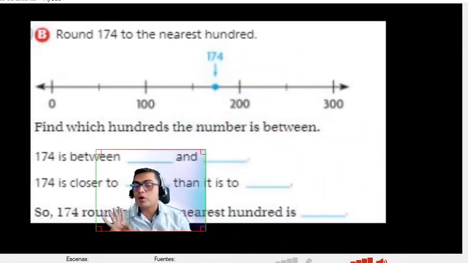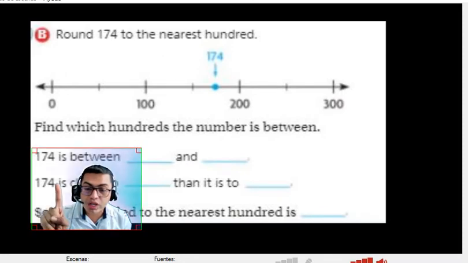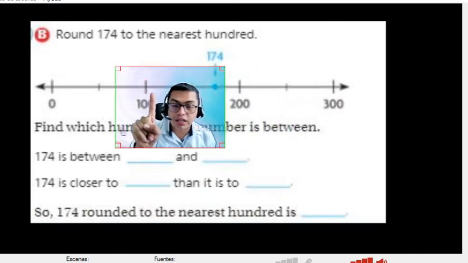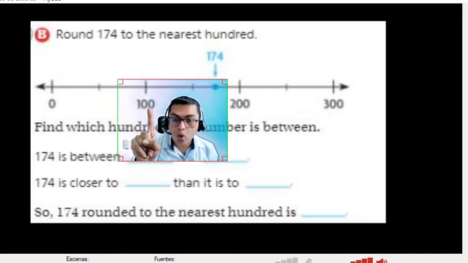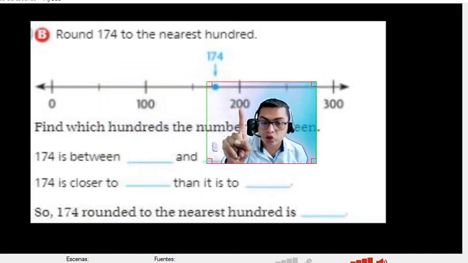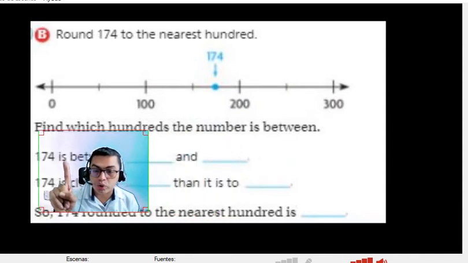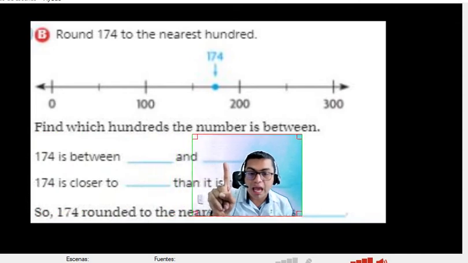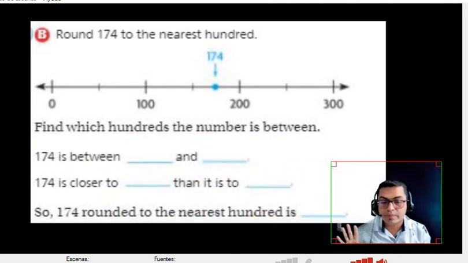¿Cuál es lo primero que vemos? 174 is between, ¿entre qué está? Between 100 and 200. So 174 is between 100 and 200, right?